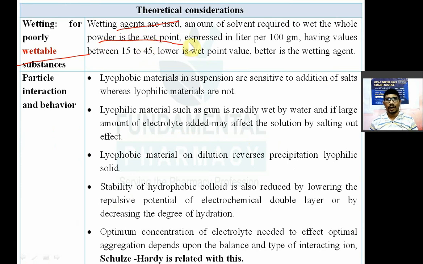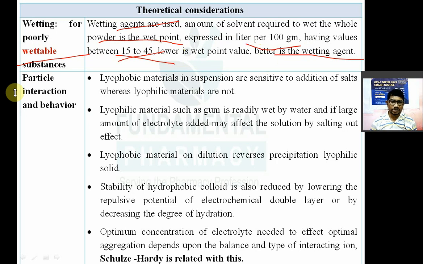Wet point is expressed as liter per 100 gram, and mostly it has a value between 15 to 40. The better the wetting agent, the lower the wet point. The wetting power of a wetting agent can be expressed in terms of wet point.